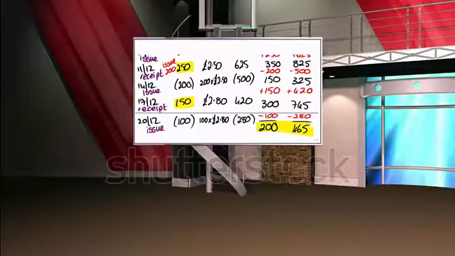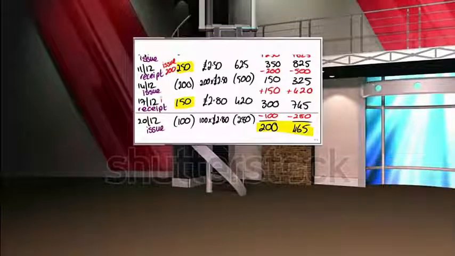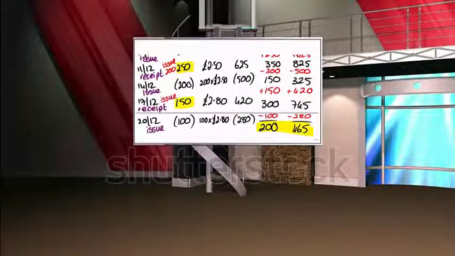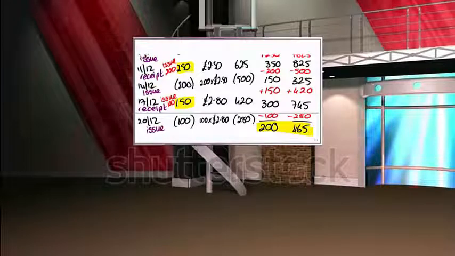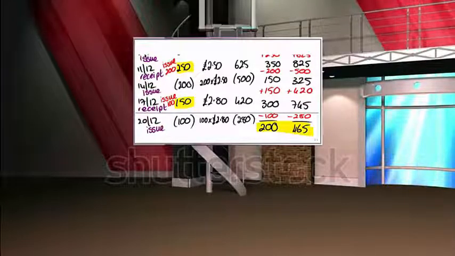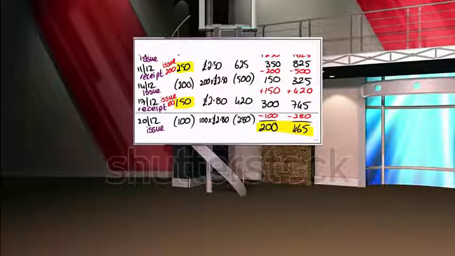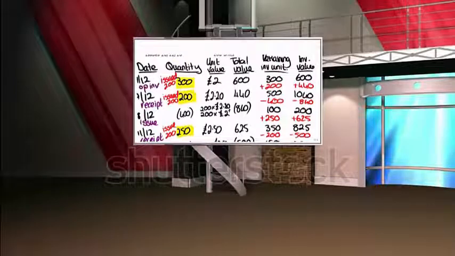We have just issued 100 units at 280 each, and we issued them from our purchase on the 17th of the 12th. So we're just going to have a look through our receipts for the month and see what units have we left over. Let's have a look.